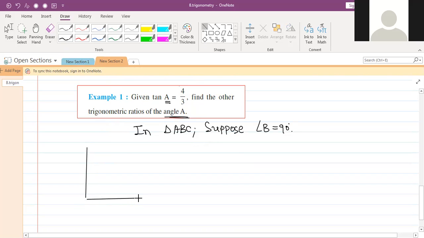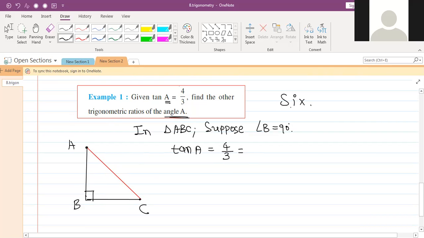In this figure, suppose B is my right angle. A I can take here or here, any place. Suppose I take A here. Now tan A is given as 4 by 3. So now we can use our trigonometric ratio formulas to find the other 5 trigonometric ratios, because we have a total of 6 trigonometric ratios.